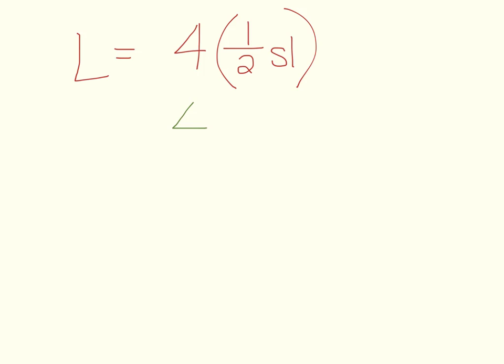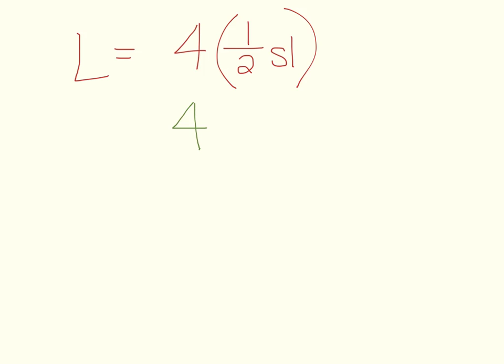To find the lateral area of a pyramid, you want to find the sum of the areas of the lateral faces, which is all the triangles. So the equation for this would be L equals 4 times 1/2 SL. What that means is that you have 4 triangles, and then you're basically doing 1/2 the base of the triangle times the height.